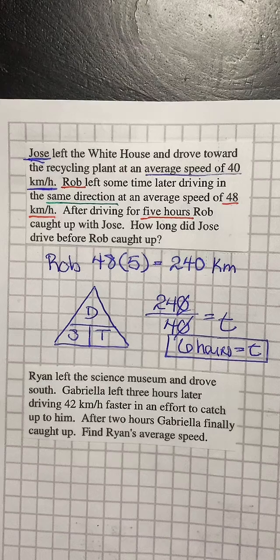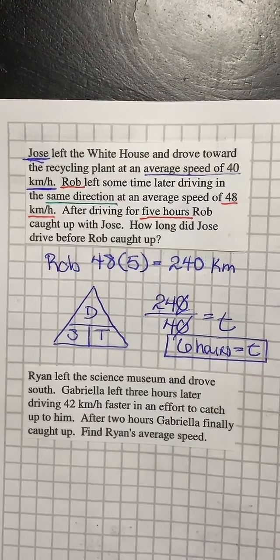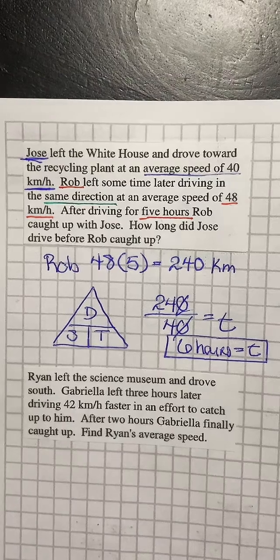First we had the 48 times the 5 hours that was driven by Rob. And since they were going in the same direction, we can use that 240 distance. Awesome. Good. Sorry, I had to scroll down. All right. Awesome. Nice.